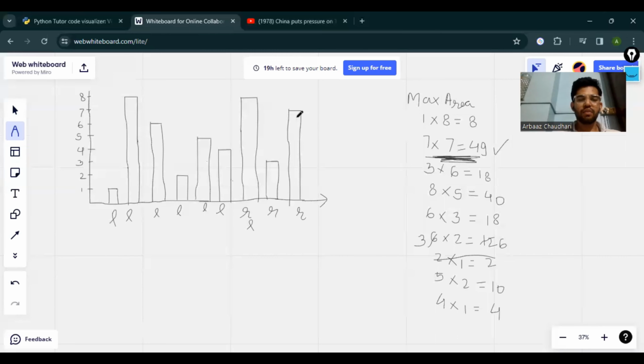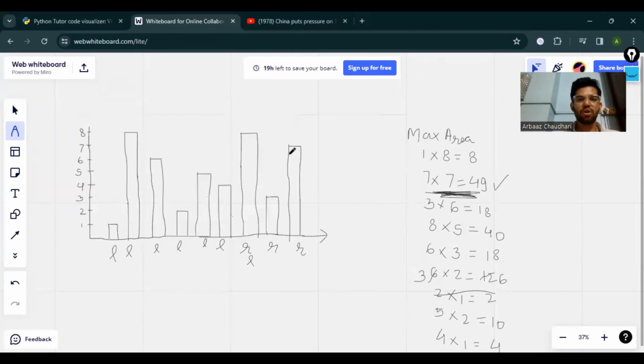If there is more height, that is not useful for me, because wherever there is the smaller height, only till that height can I fill water. So here the height is 1 and the width is 8. 1 multiplied by 8 gives me an area of 8.